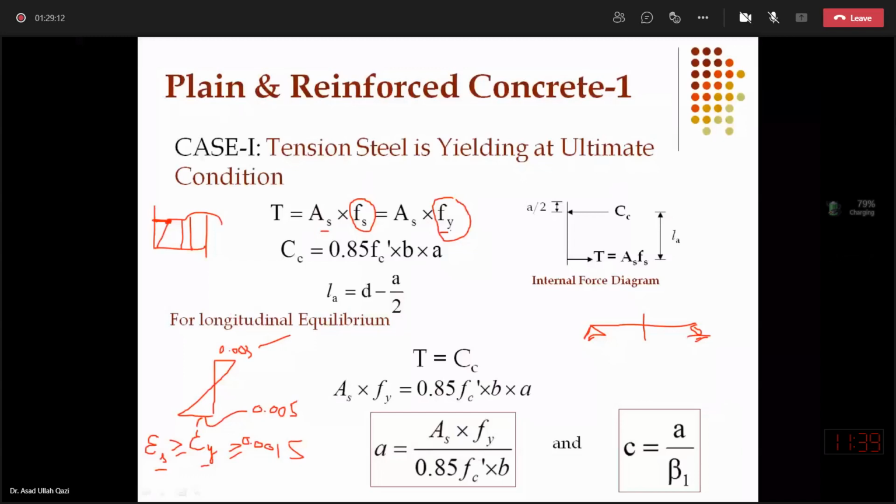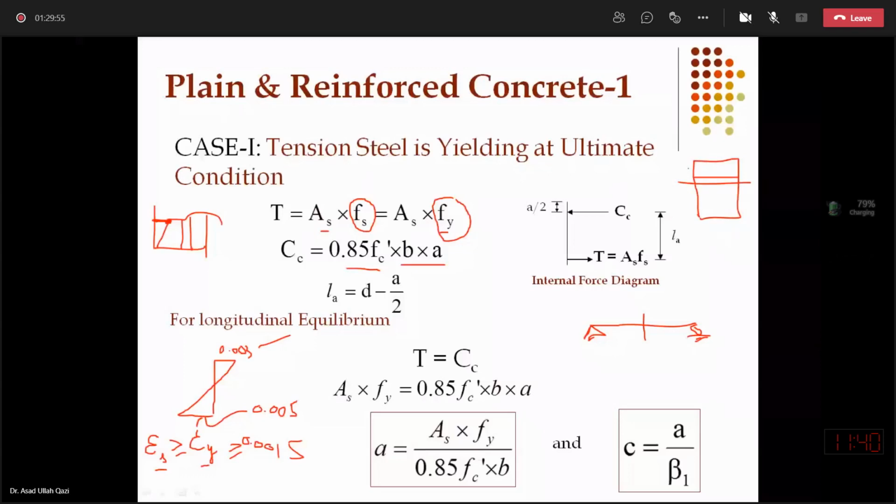and in terms of concrete, since we have discussed in the previous slide that Whitney's uniform stress block depth can be used and it can replace the actual CC. So the CC will be uniform stress present on a cross section of area A into B. So if this beam has a cross section like this, and this is the neutral axis, and this is the A value.